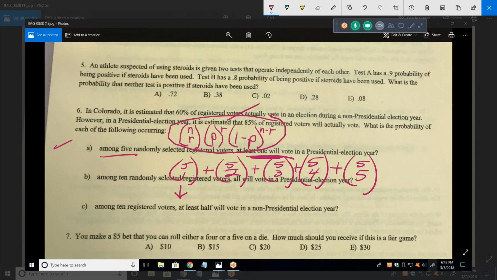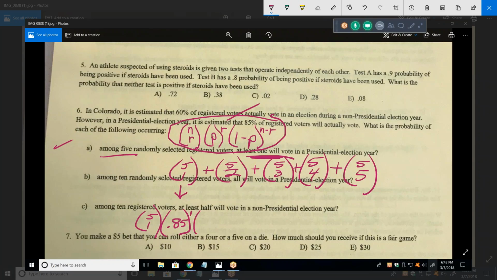It's going to be 5 choose 1, and that incidentally is 5, times, for the presidential year, 0.85 as our probability of voting, to the 1 power.